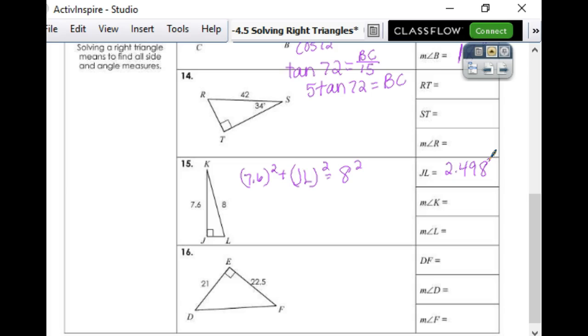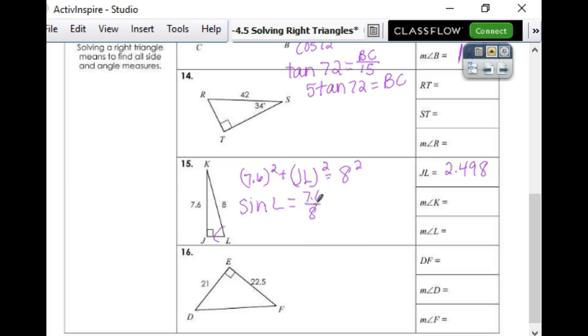So the next thing, we just have to find one angle, and we can do it however we want. What do you want to do here? Do we want to find K or do we find L? It doesn't matter. Somebody pick. L. All right, so if we're going to do L, I'm given opposite over hypotenuse. So which one do I have to use? Sine of L equals 7.6 over 8.